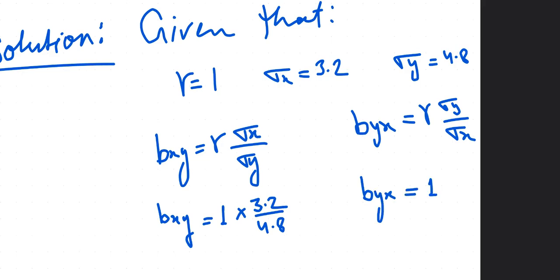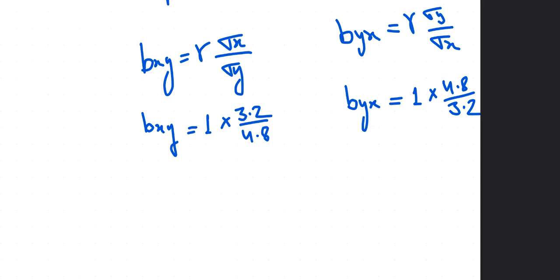So bxy is 1 into 3.2 over 4.8, which is 0.6666, or we can write it as 0.67.